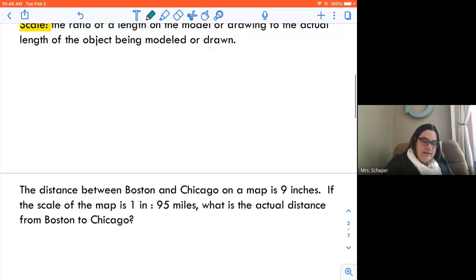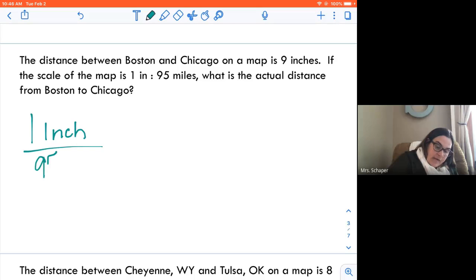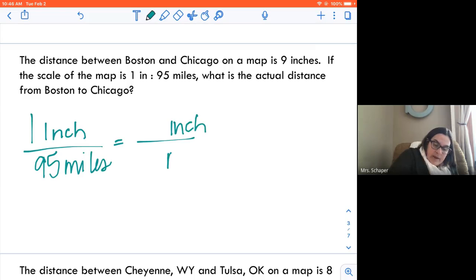Here we go. The distance between Boston and Chicago on a map is 9 inches. If the scale of the map is 1 inch to 95 miles, what's the actual distance? First of all, when you're setting up scale models, you don't have to be in the same units. So if I have 1 inch to 95 miles, when I write my next one, I just want to make sure I have inches on the top, miles on the bottom.